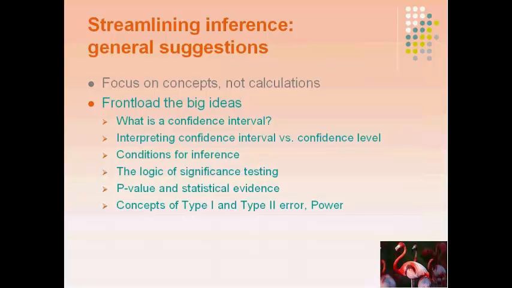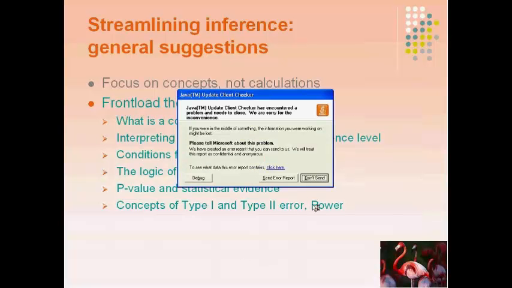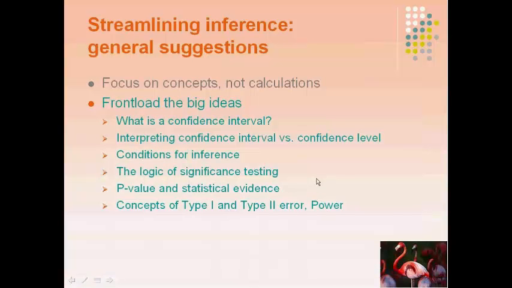Conditions for inference, I think we all know that those are being stressed quite a lot. And we want to make sure that students, as they're doing inference about proportions or means, check the random condition, that the data are produced either by random sampling or random assignment, that they check the normal condition, which depends upon exactly which procedure they're doing, and that they check something about independence, which may involve sampling without replacement, or it may involve independence of groups if you're doing two independent samples.